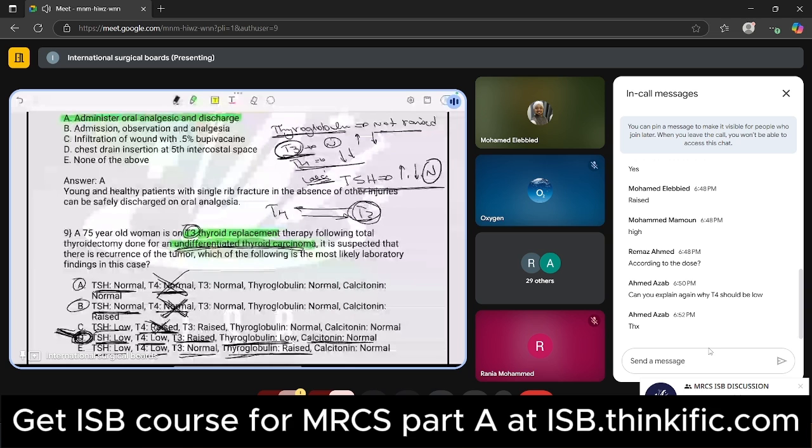So it will not produce thyroglobulin. Even when you stain immunohistochemically a piece of tissue from this tumor, it will not be positive for thyroglobulin. So at the cellular level, it does not produce thyroglobulin. Is that right? Yeah.